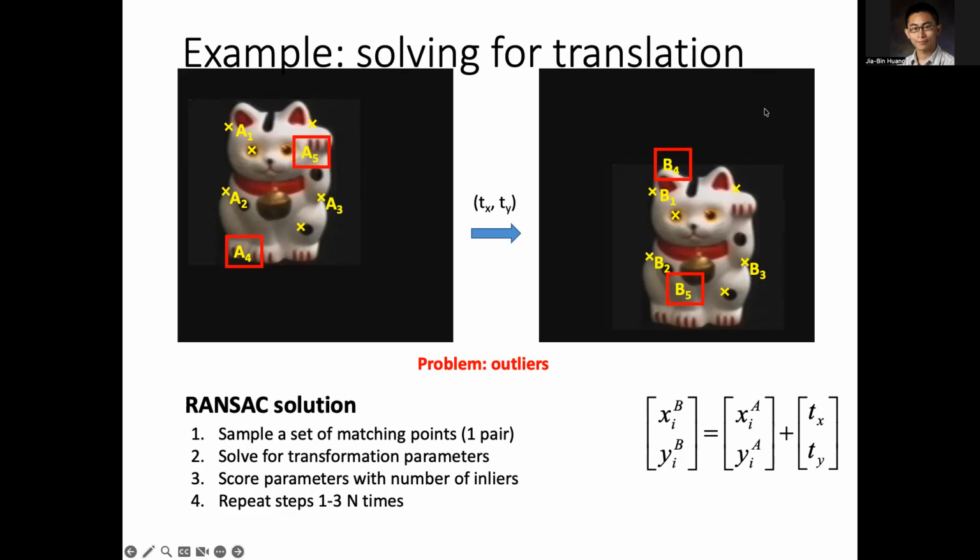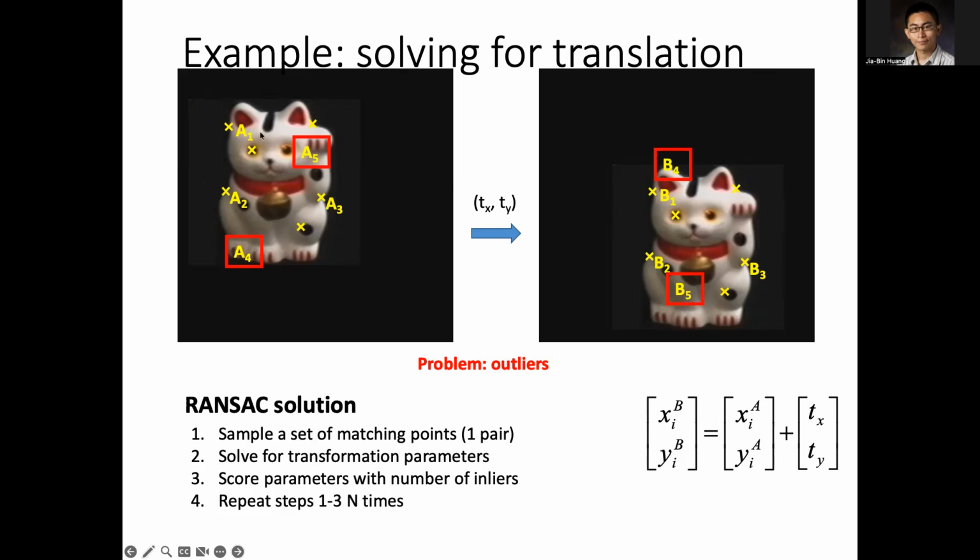And in this case, basically, imagine this, right? Let's say A1 and B1, this vector is this vector, right? It's shifting this vector. And how do you see how many inliers there are? Maybe there's in total 5 correspondences.